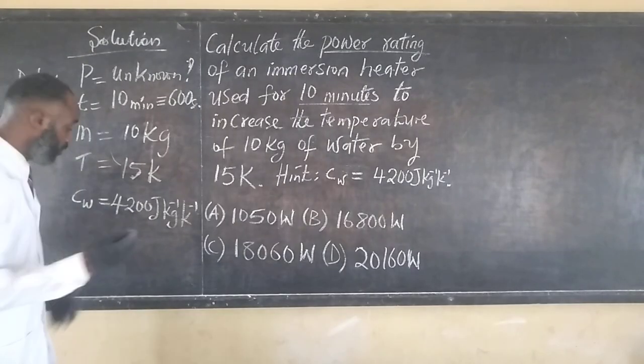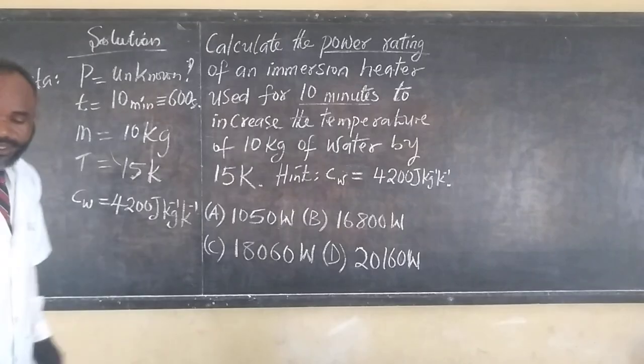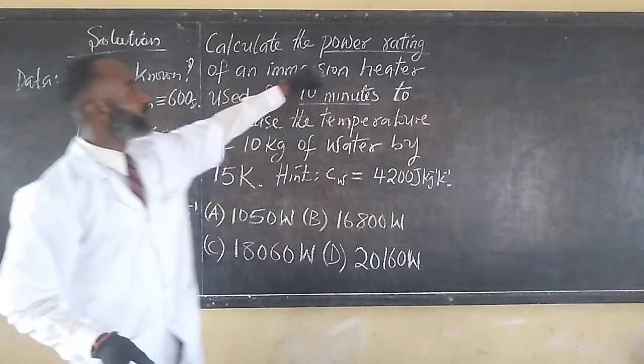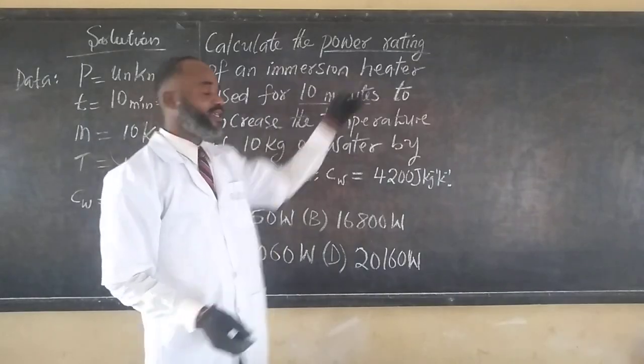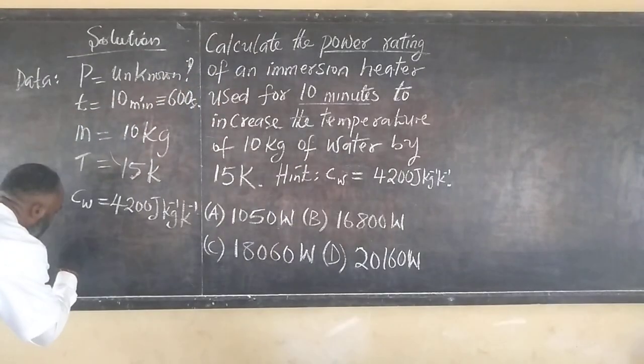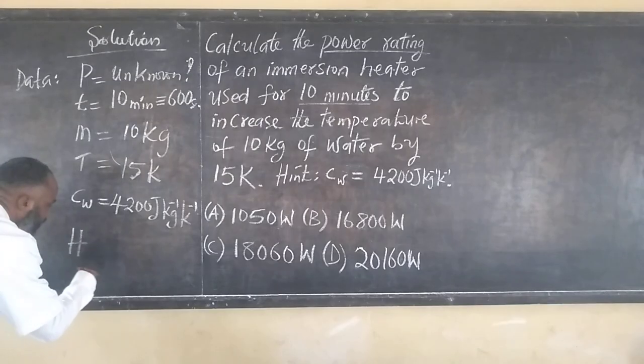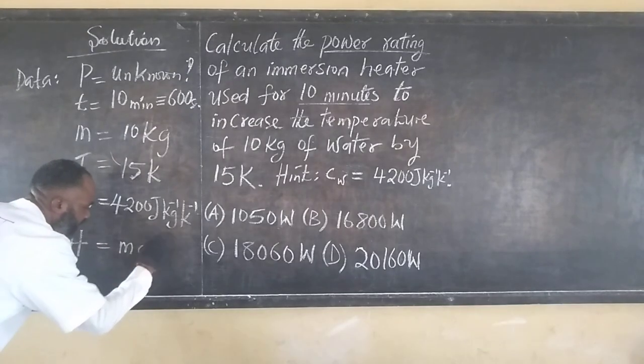Very simple. Under normal circumstances, the formula for calculating heat, which has been replaced with the word power rating, is H equals mc theta.